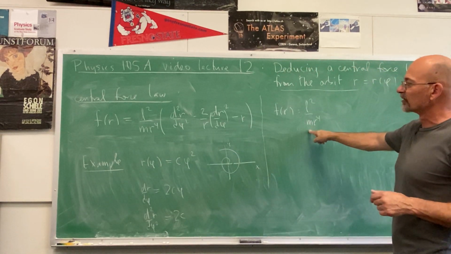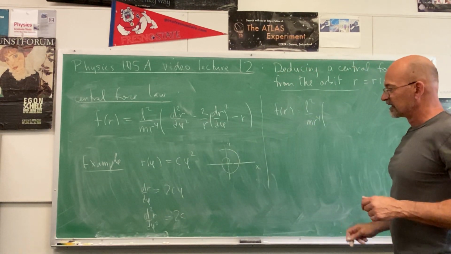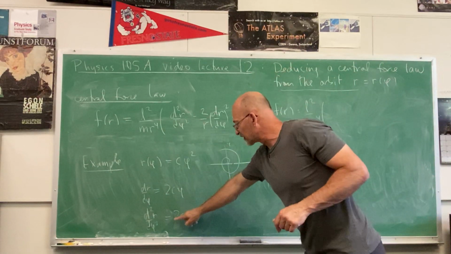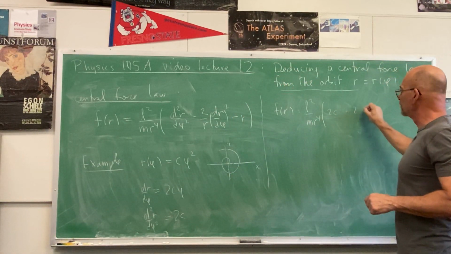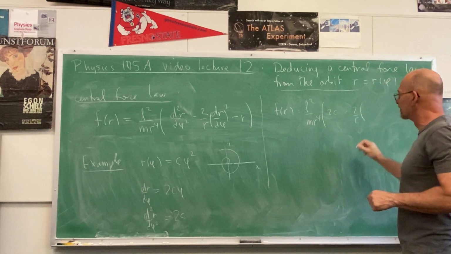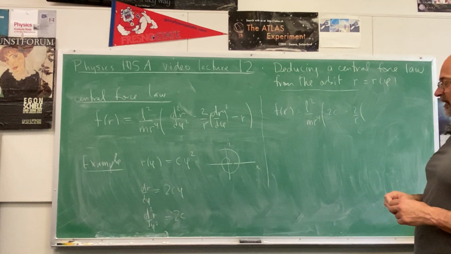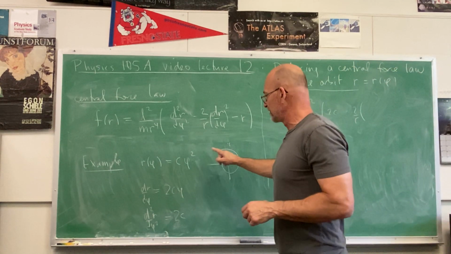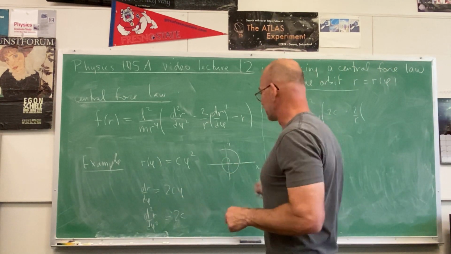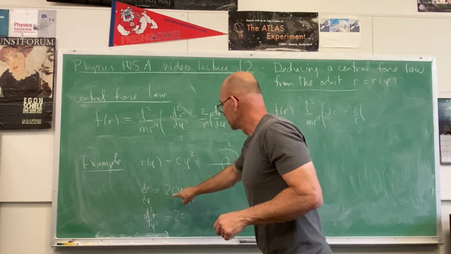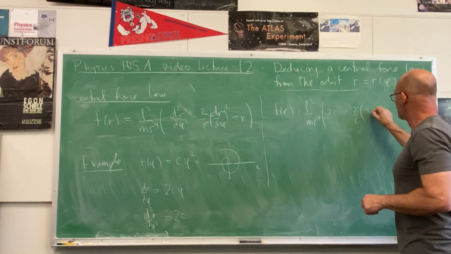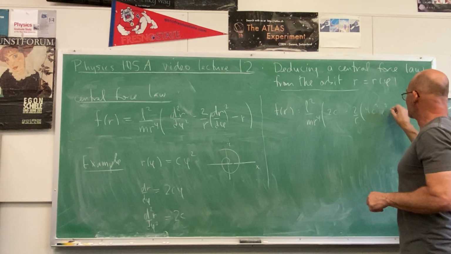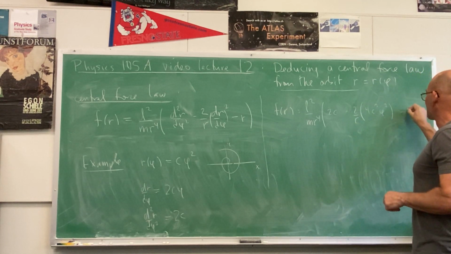We've got L squared over m r to the fourth, and d squared r d phi squared is equal to 2c. We have minus 2 times 2 over r times 2c phi, the quantity squared, so 4c squared phi squared, minus an r.